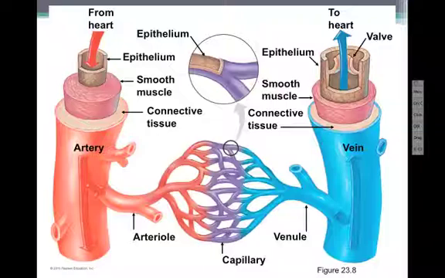Now start to follow and you'll see a blood vessel called an arteriole. That is still an artery, but it's a smaller artery. As the blood leaves arteries, it's got to go to smaller and smaller blood vessels so that it can get to being a capillary.